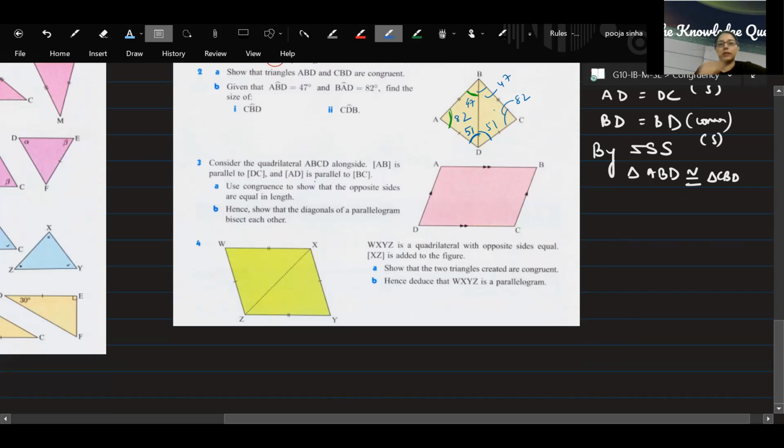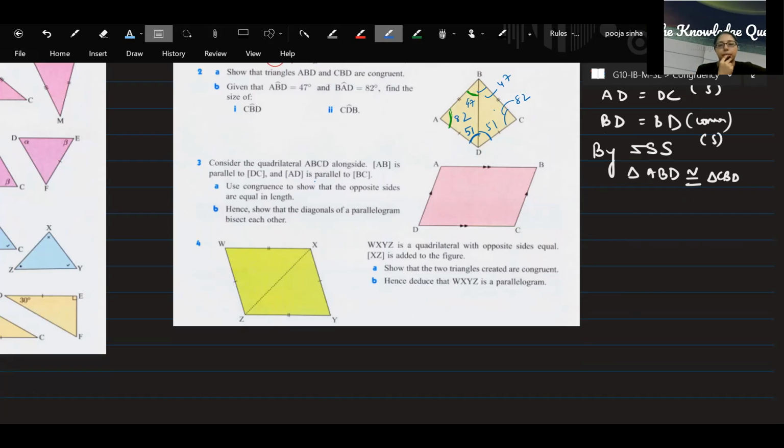Next, consider the quadrilateral ABCD. AB is parallel to DC. AD is parallel to BC. Use congruency to show that opposite sides are equal.